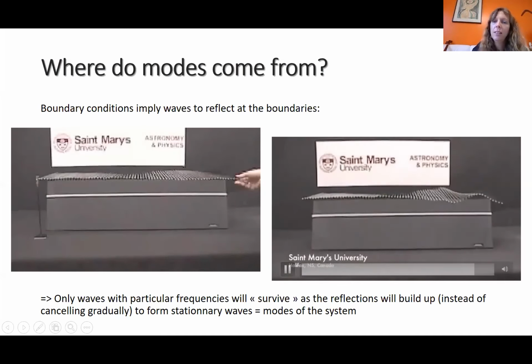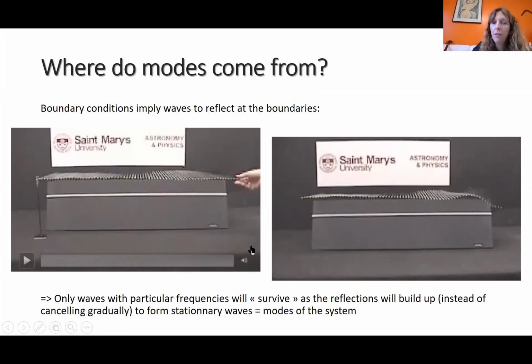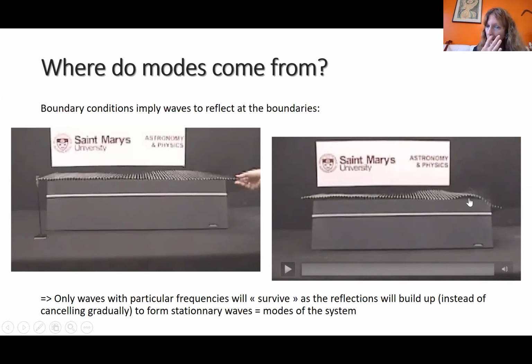Okay. So you can see that the boundaries have a big effect on how the waves reflect. And so it will have a big effect on which wave will actually survive when you go back and forth through different reflections. And so it has a big effect on the resonance frequencies. So a structure with different boundary conditions will have different resonance frequencies.